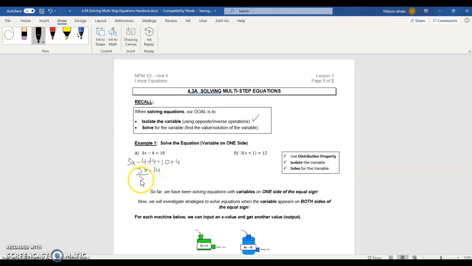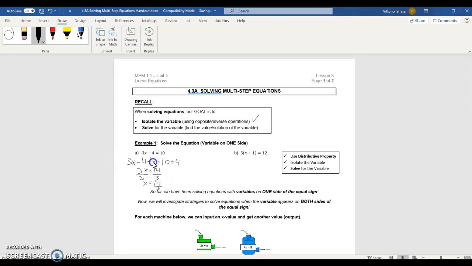So 3x divided by 3 is equal to 14 divided by 3. And we get x is equal to 14 over 3. We'll keep it as an improper fraction there, so remember your proper mathematical form. And that seems to be the simplest that we can get it to.